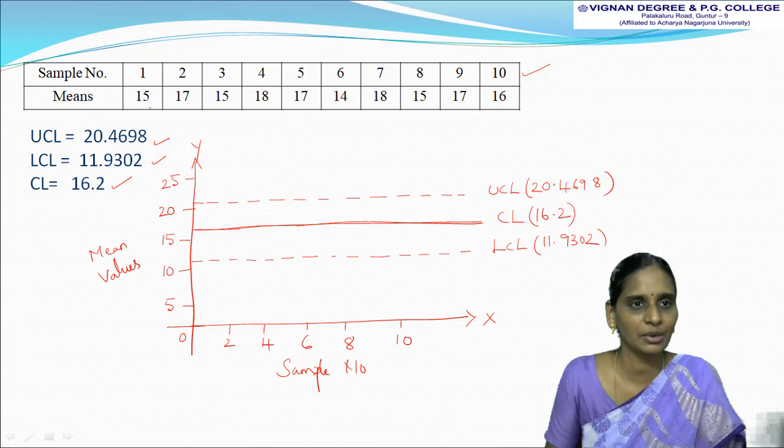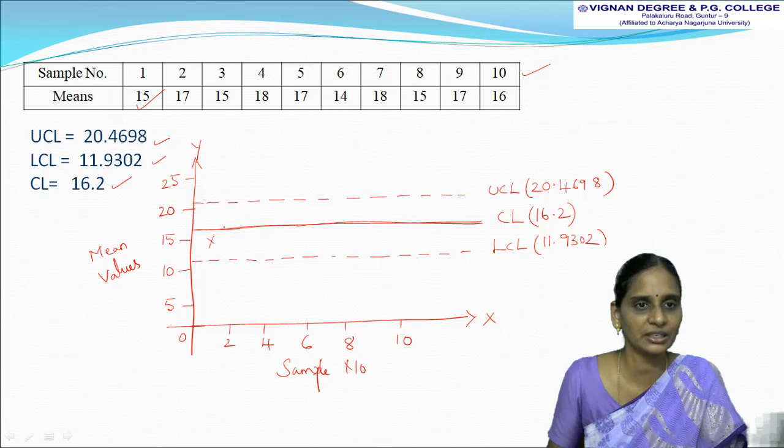In the first sample, the corresponding mean is 15. In the second sample, mean 17. Third sample, 15. In the fourth sample, this value is 18. And in the fifth sample, this is 17. And the sixth sample, the value is 14.